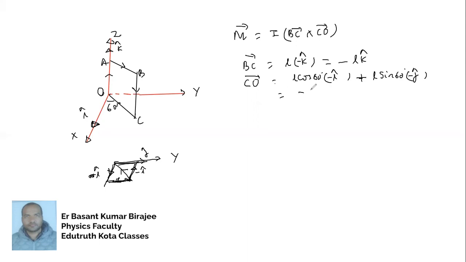Minus L by 2 i minus, and the sin 60 is root 3 by 2, L j. Is this clear?